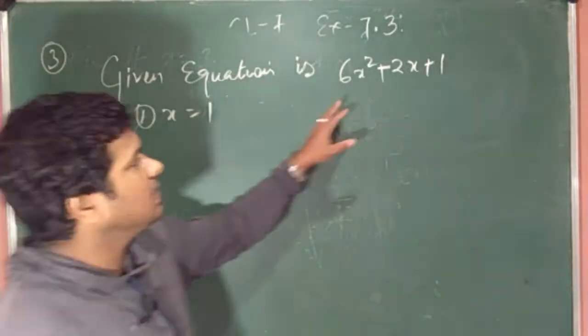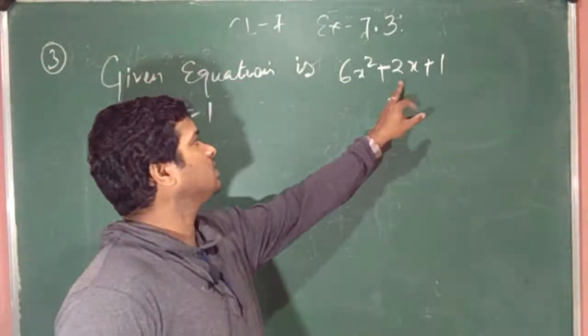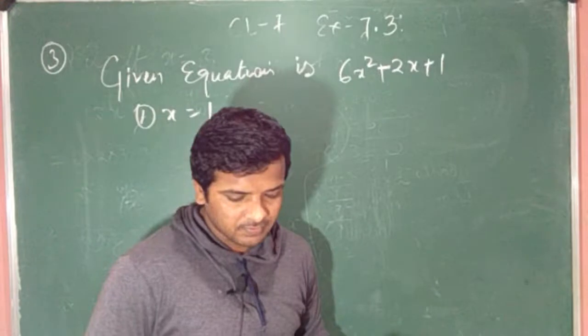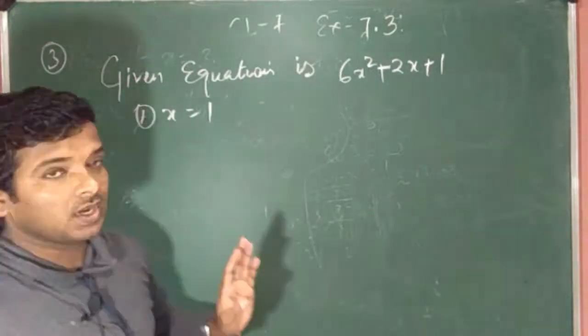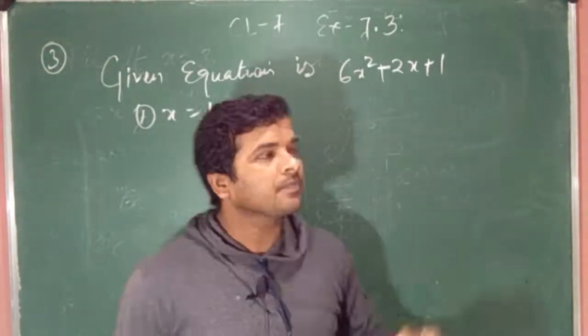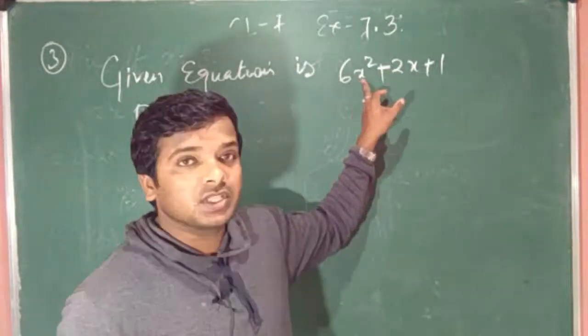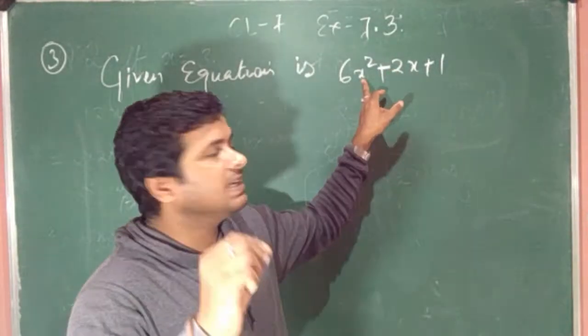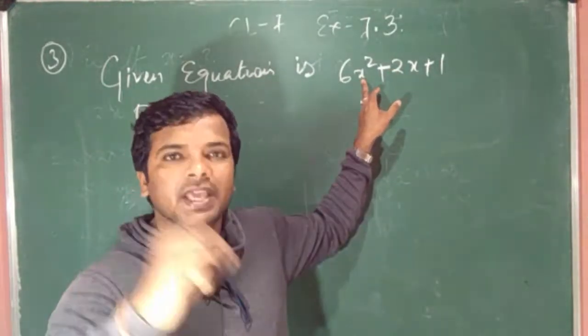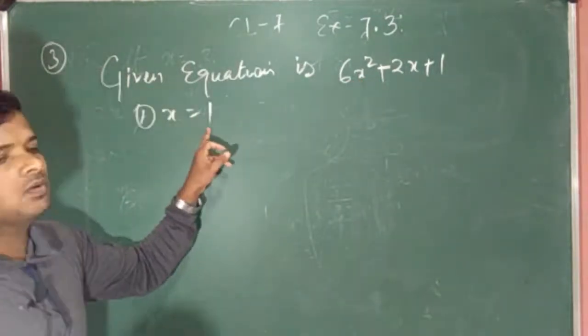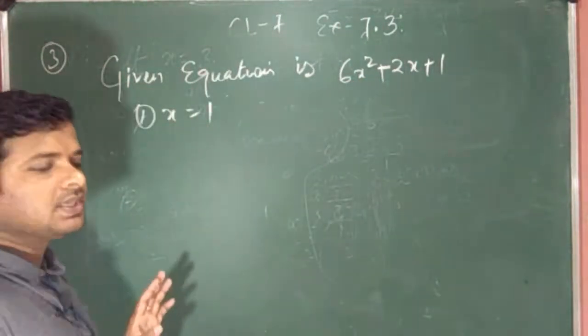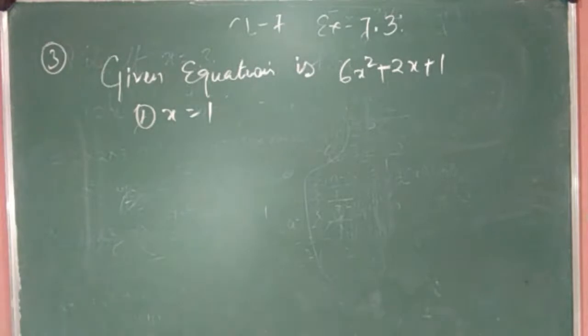Equation is given that it is 6x square plus 1. But in number 1 we have x is equal to 1. What does it mean? It means that in the equation, wherever you find the x, in place of x we need to write 1.